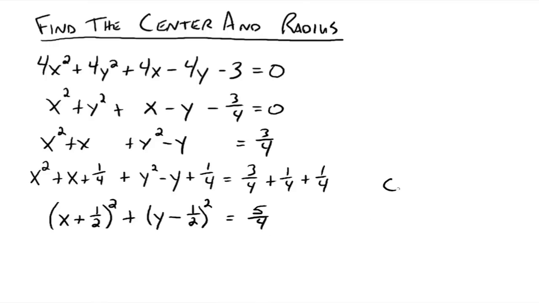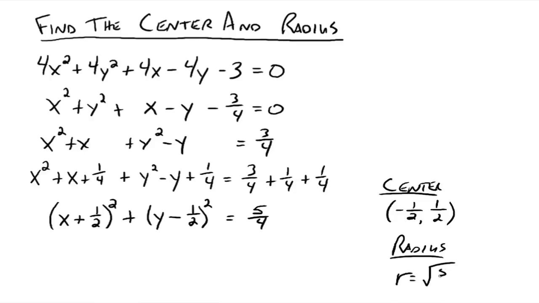Right, and then we go. We say, all right, the center is -1/2, comma 1/2, and the radius is r equals the square root of 5/4, which, if you want to write it, is the square root of 5 over 2.